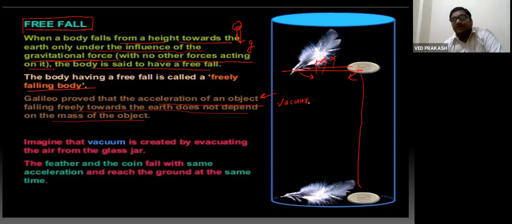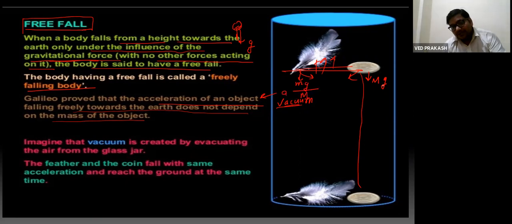So if a vacuum is created, then the forces acting on both objects will be different. Suppose force Mg is acting on capital M and force small mg is acting on small m. But the acceleration produced in both objects will be the same. What is acceleration? Force upon mass. So to get acceleration, we have to divide by mass.